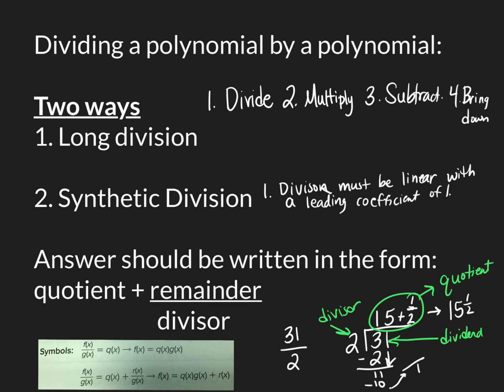Then after that, once you have ensured that is true, you're going to set up the problem, and I'll show you that on the next problem. So you set it up correctly. Then you bring down the first number, you multiply.